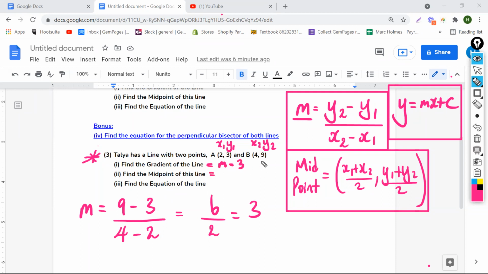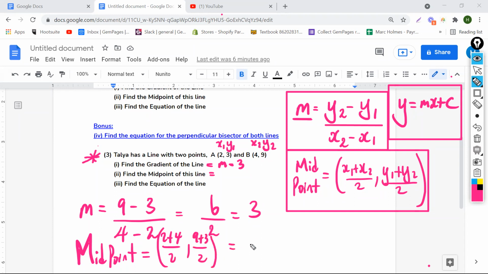The midpoint, which is big M now, is 2 plus 4 over 2 and 9 plus 3 over 2, which should give us 3 and 6. Cool. So this one is 3 and this one is 6.